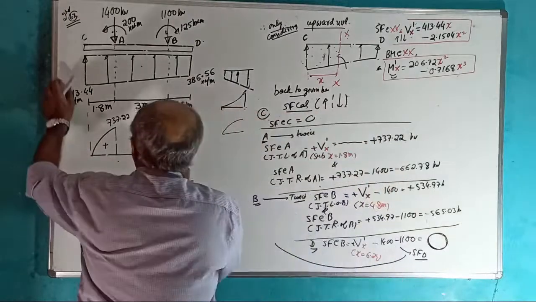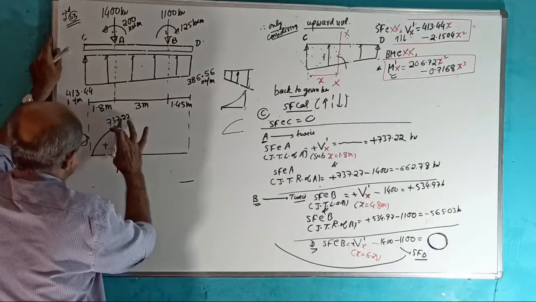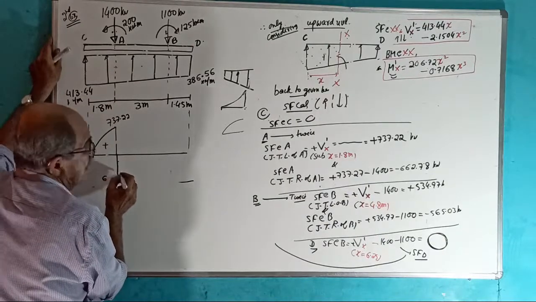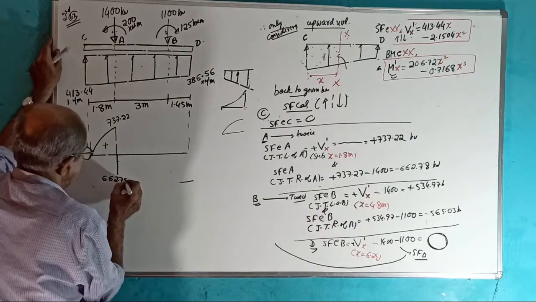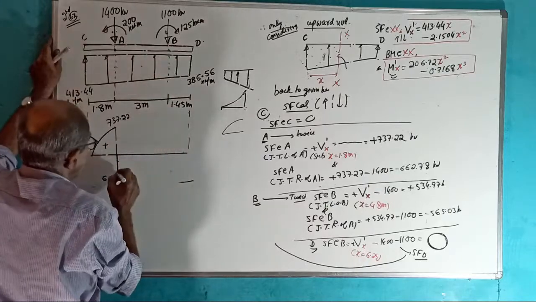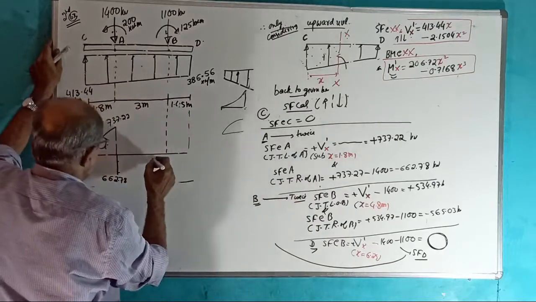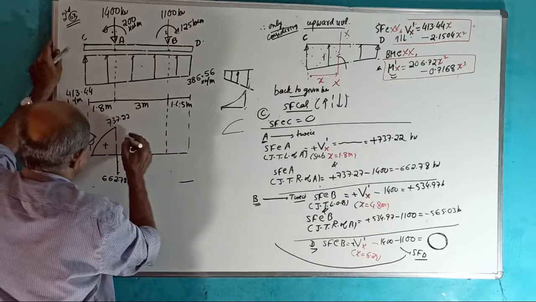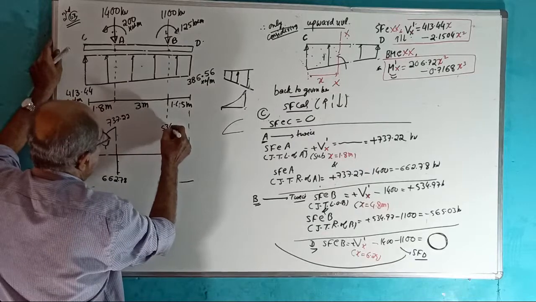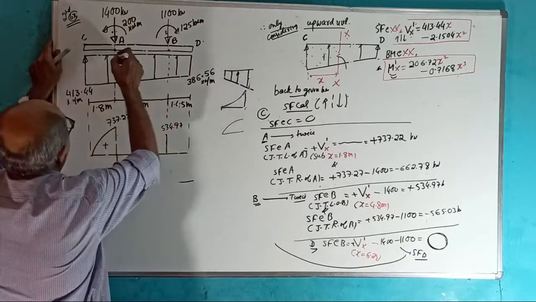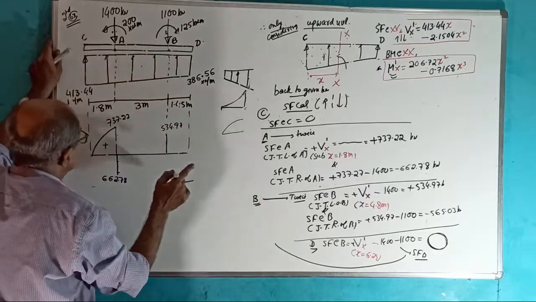Okay, now from just to the left, it will come down to just to the right. How much? Here, see, 737, only 600 and 662.78. Then just to the left of this point, shear force is plus 534.97. Now as you go this way, the intensity reduces, so the slope should reduce, not increase.